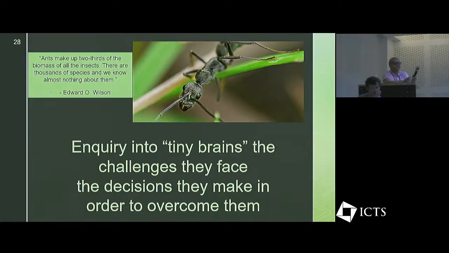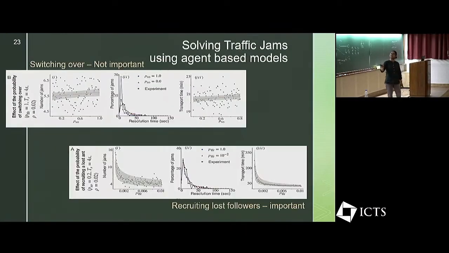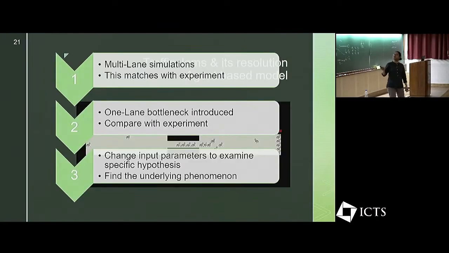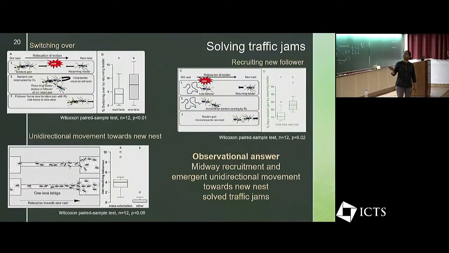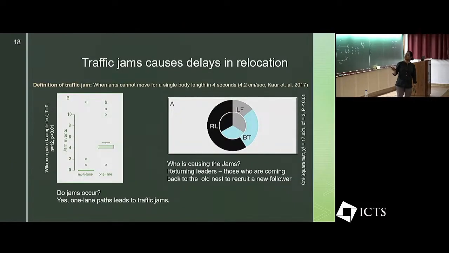Yes, I totally understand. And I really didn't go into the definition of the jam that we've used here. We used a very stringent definition of jam because we wanted to start this process in the context of relocation, because as I said, the stakes are much higher when you're relocating.